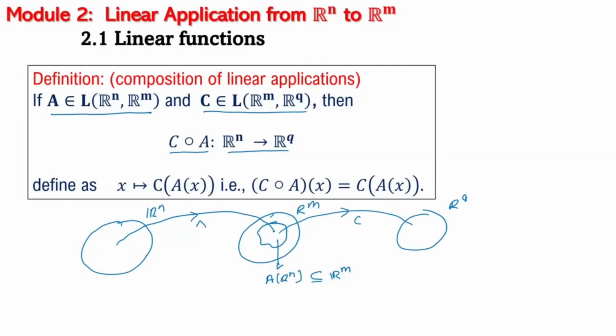This is C, this is A. So C is defined from this subset of R^m, which is mapped by A(R^n). This whole mapping is known as C composition A. So this is the definition. And how is C composition A defined? C operating on A, which is operating on x.